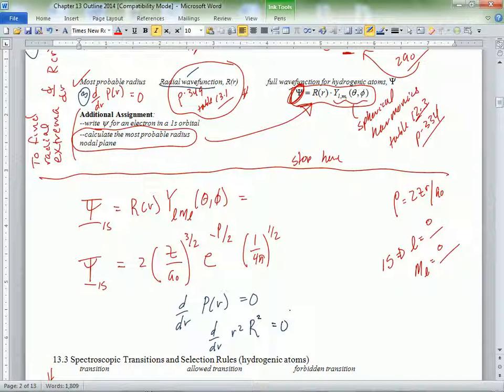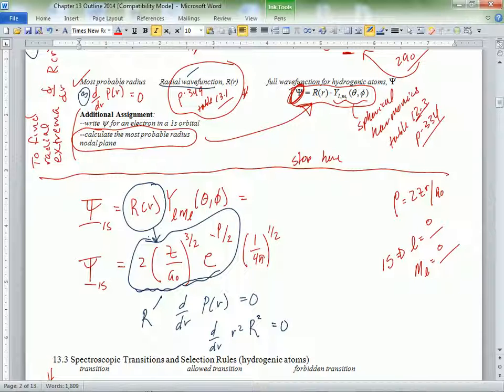We didn't need all this stuff. All we needed was this first part. That's our R. Remember when we looked this up? You multiply that times Y, so that means that part must be this. So we'll take R squared times this and set it equal to 0.